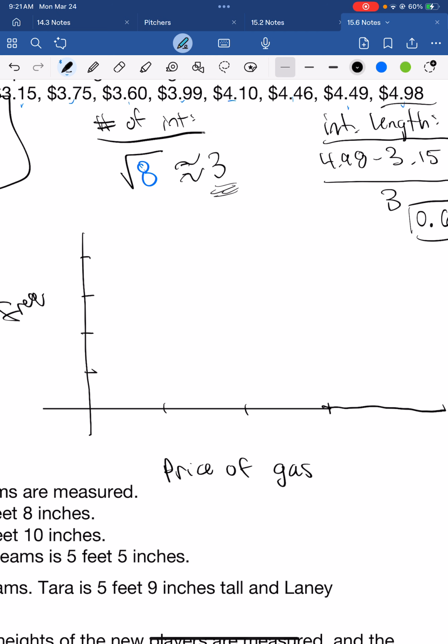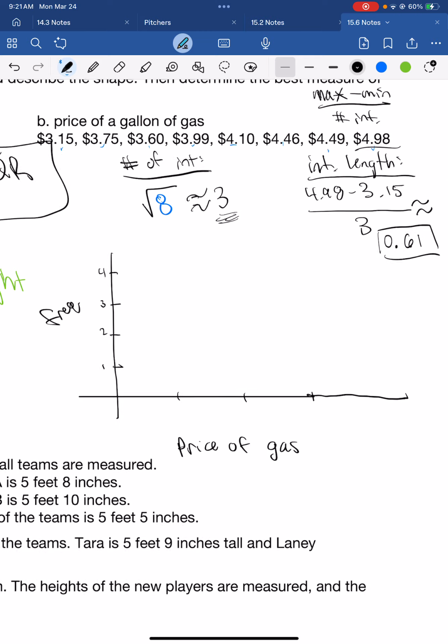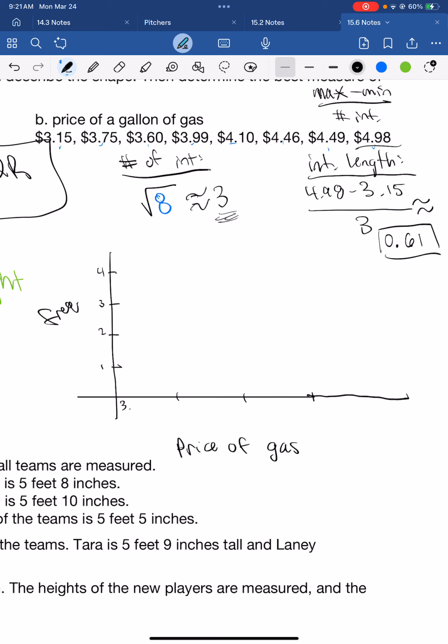Sweet. So our interval here is going to look a little something like this. Up the top here, we got 1, 2, 3, and 4. And we got to figure out what numbers are going to go in each interval. So we start down here at 3.15, and if we add 0.61, let's take a look here, finding the key.